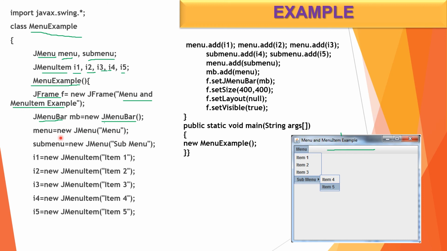The next is menu equals new JMenu, so the new menu will be displayed. The submenu equals new JMenu in double quotation, submenu. Then the JMenuItems are item 1, item 2, item 3, item 4 and item 5.